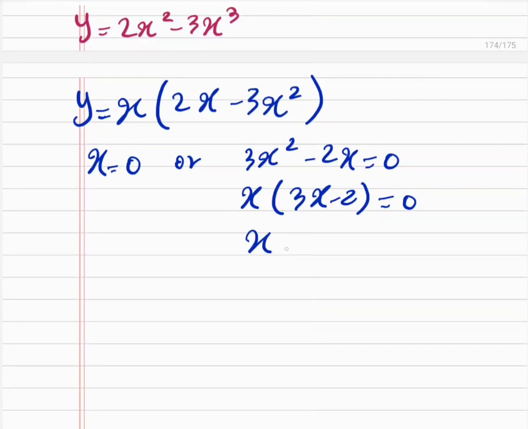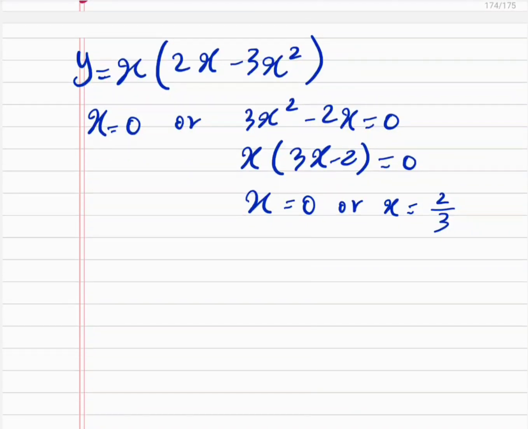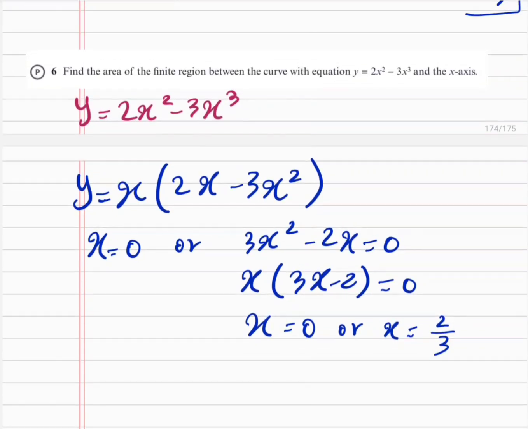And now one of the other solutions is also 0, and the other one is 2 over 3. Okay, so this cubic, because it's a cubic function, has a repeated root at 0, and then another root at 2 over 3.